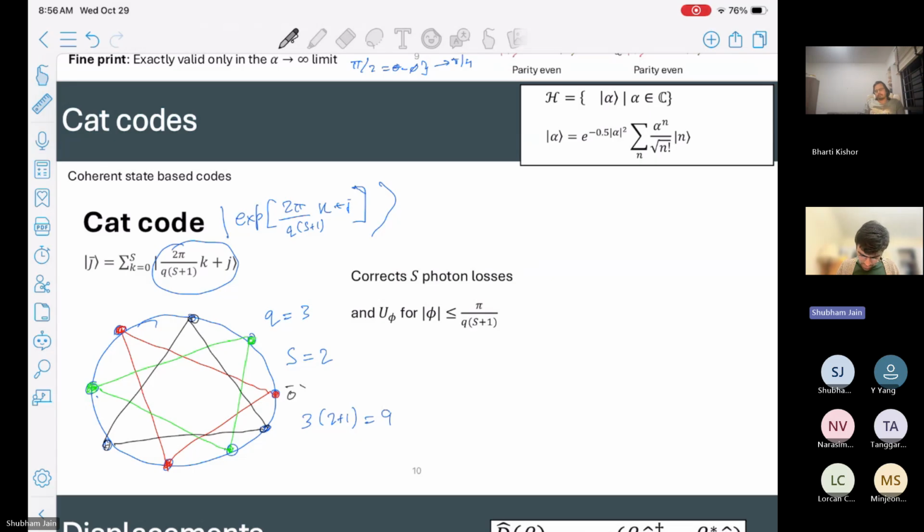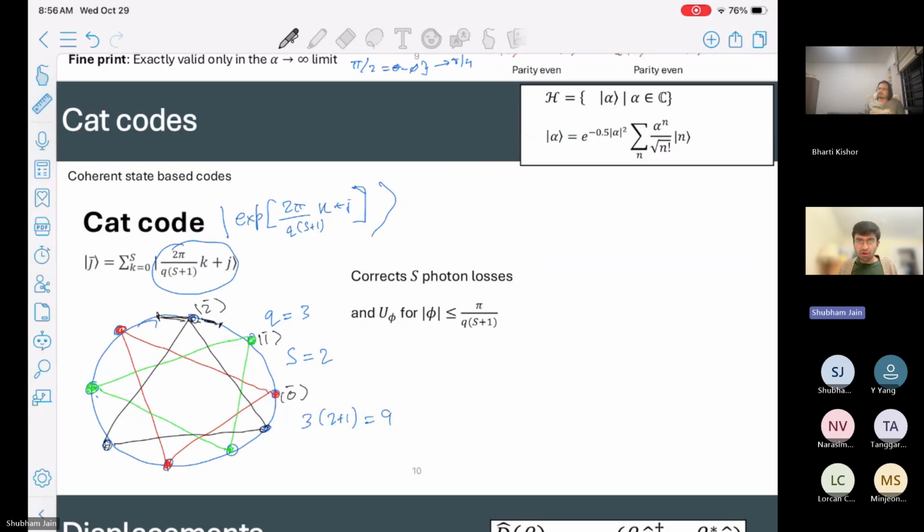So 0, 1, and 2. And we can see that dephasing error is still valid. We can protect against dephasing because of this separation between the points. So if the dephasing takes you anywhere in this region, then we can measure this modulo 2 pi over (qs plus 1), and we can rotate it back. So dephasing up to this angle is still valid.